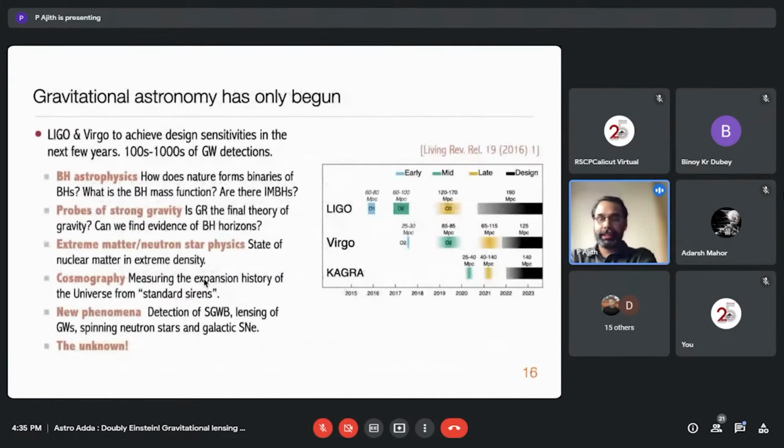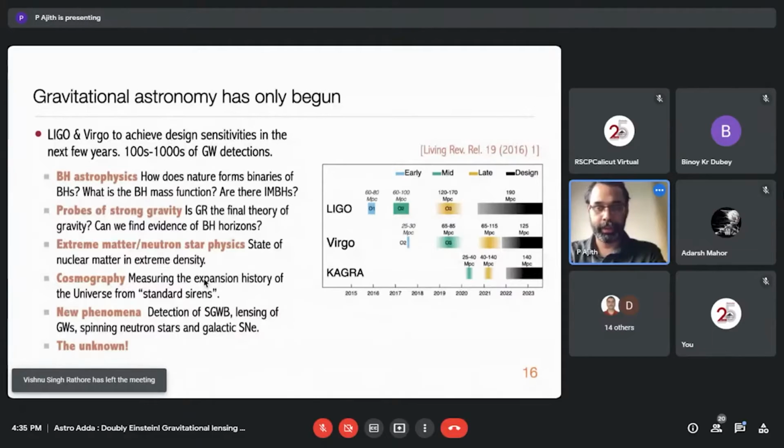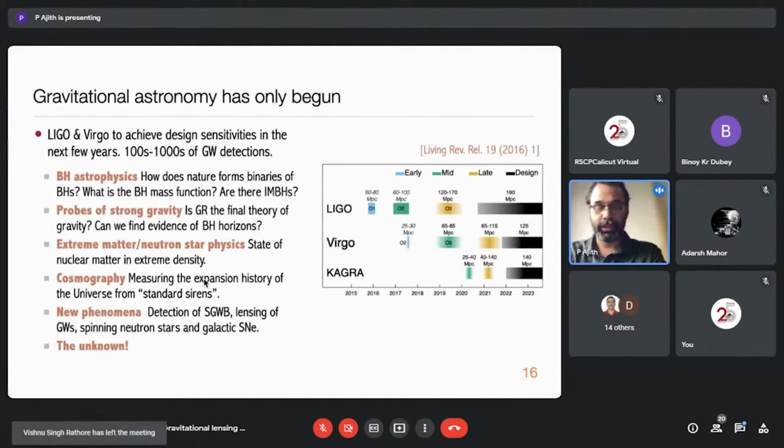Okay, so in the next few years, as I told you, we are expecting the detection of hundreds to thousands of gravitational waves, and this is going to produce a lot of very, very interesting probes of different aspects of fundamental physics, astrophysics, and cosmology.